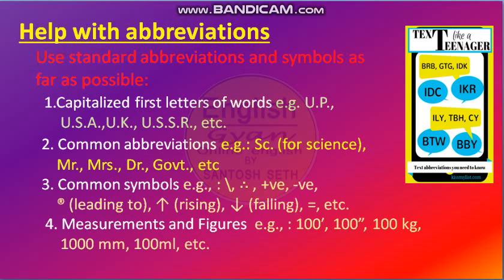These are the capitalized first letters of words. Common abbreviations are Mr., Mrs., Doctor, Government, etc. For science, SC. Some symbols also we use, and for measurement also we use some symbols. So these can be frequently used in making notes as a part of abbreviation.